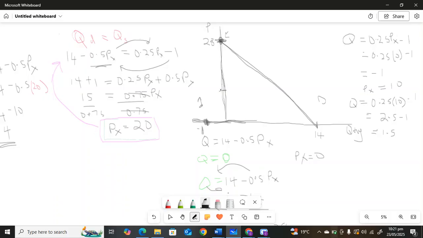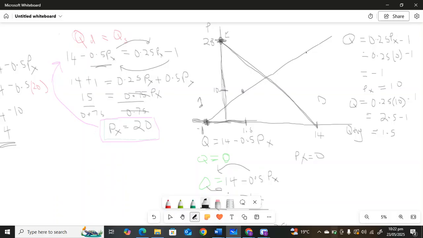So when Px is 10, Q is 1.5. You can estimate that 1.5 is somewhere here. So this is your next point. Then you can draw a straight, upward line like this.